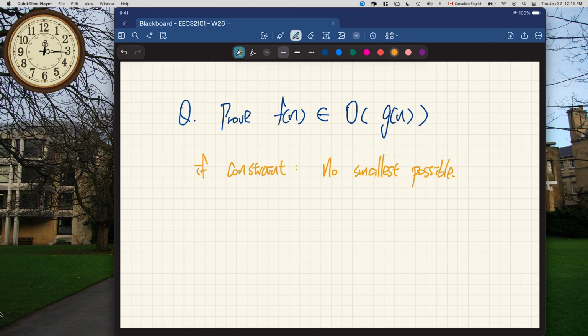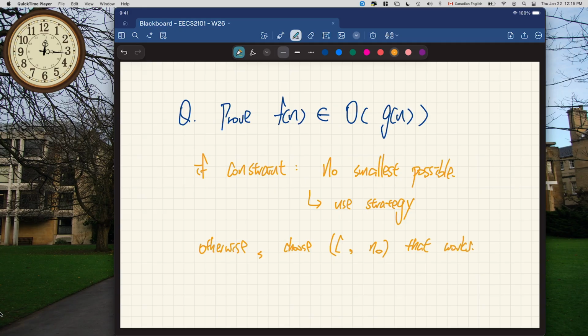But if I didn't say any constraint, you can choose whatever pair you like. Otherwise, just choose a c and n0 pair that works either way.